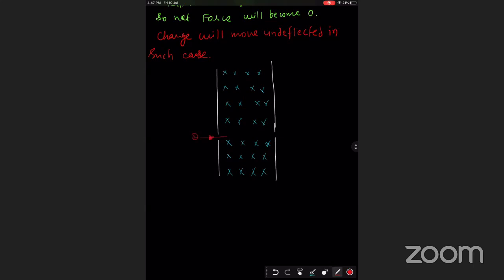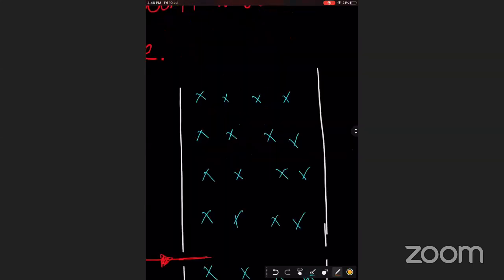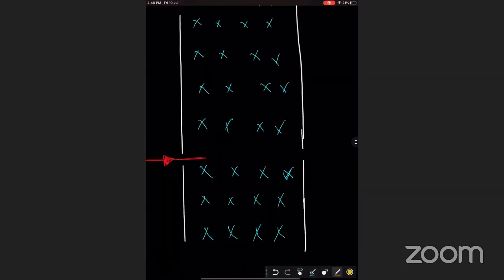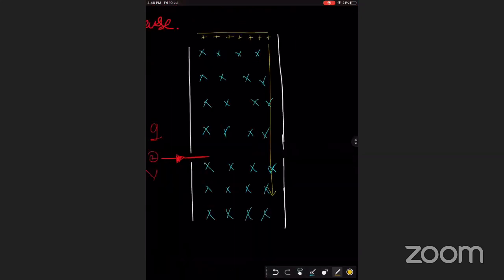Where will the magnetic field apply force on this, upward or downward? Upward, from Fleming's left hand rule. Now, if I want to counter the magnetic force, what can I do? I'll create an electric field. I'll put an infinitely long charged sheet, which will create a uniform electric field downward.